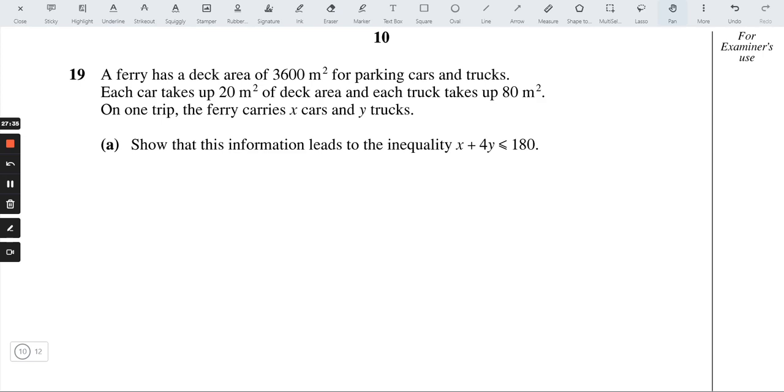So first of all, let's say that cars represent x, while trucks represent y.